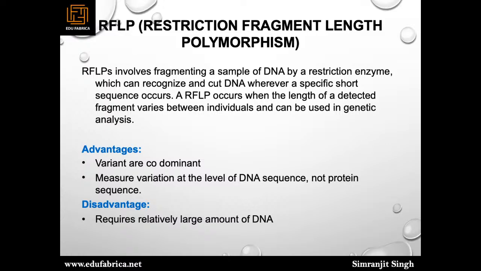So in this, first we digest our DNA, our material, with a restriction enzyme, and then we recognize a specific part that is of our interest. After detecting the part of the DNA sequence that is of interest, we analyze it and look for the polymorphism. If it is quite useful for us, then we go for it. That's why it's called restriction fragment length polymorphism.